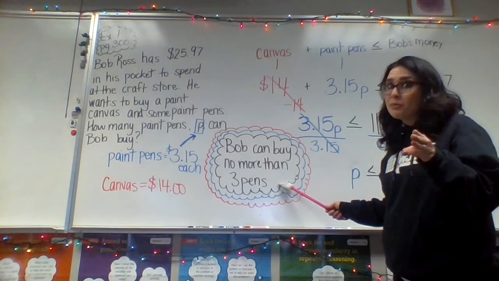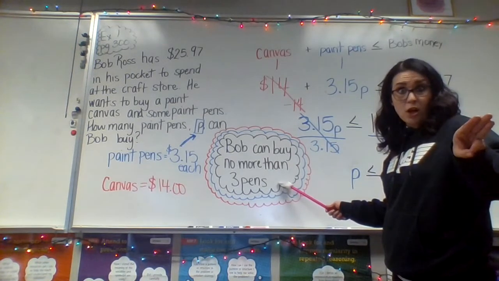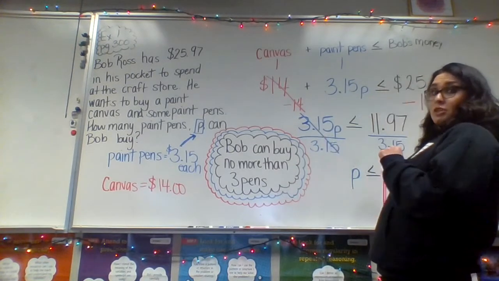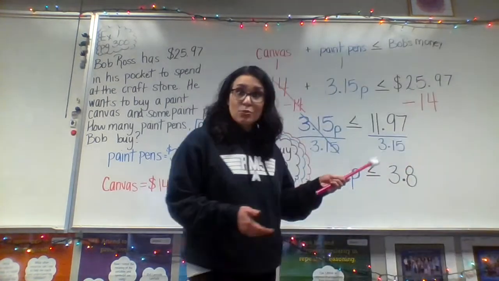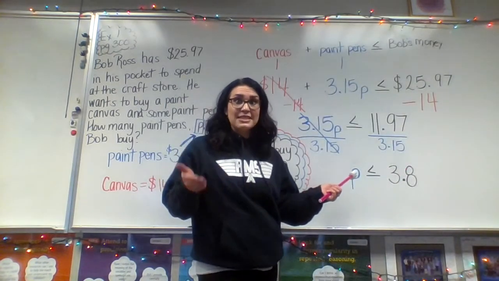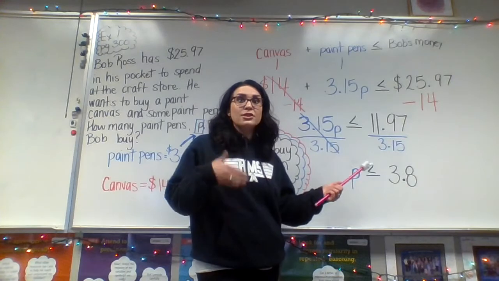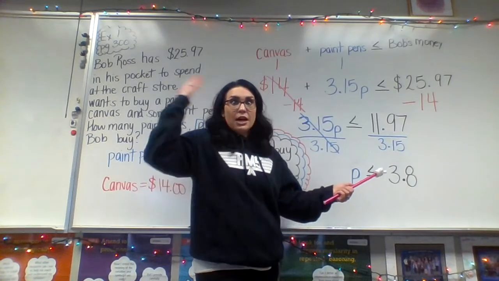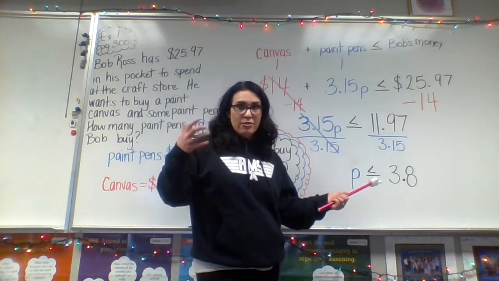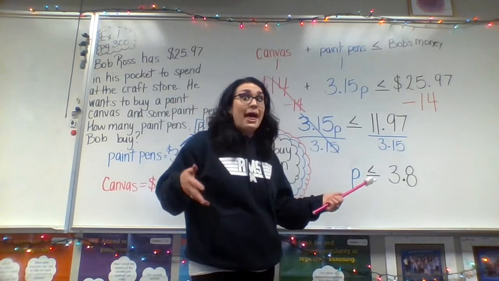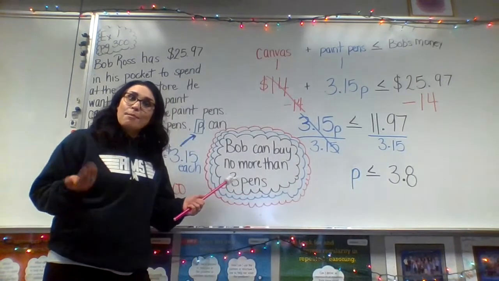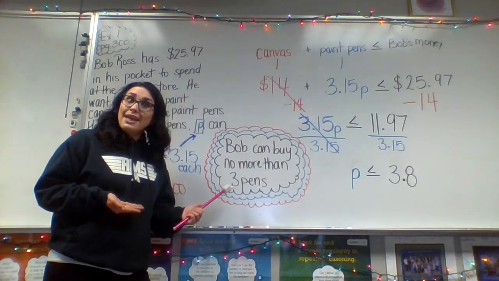He has enough money to buy 3 pens, but that is it. No more, okay? So when we interpret this inequality solution, which was P, the number of pens, needs to be less than or equal to 3 8/10. Again, think logically, they're not going to give you 8/10 of a pen, right? They buy and sell whole pens, right? So again, this means that Bobby Ross can buy no more than 3 pens.